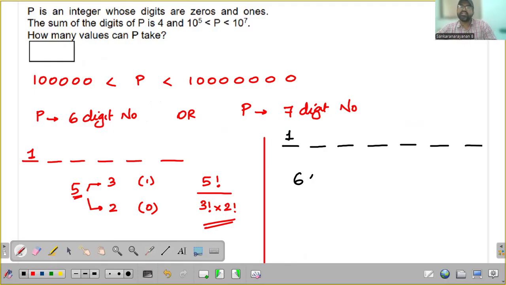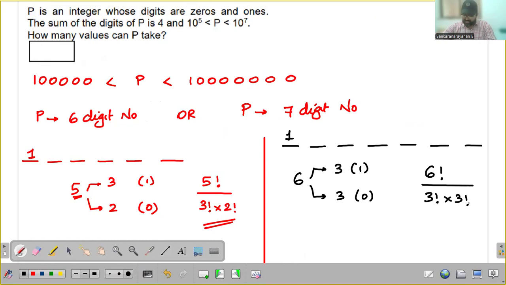In these 6 spaces, you have to fill 3 ones, and in the remaining you have to fill 3 zeros. Got it? So 3 plus 3 is 6, 6 plus 1 is 7 digits, taken care of. In how many ways can this be done? This can be done in 6 factorial divided by 3 factorial into 3 factorial.